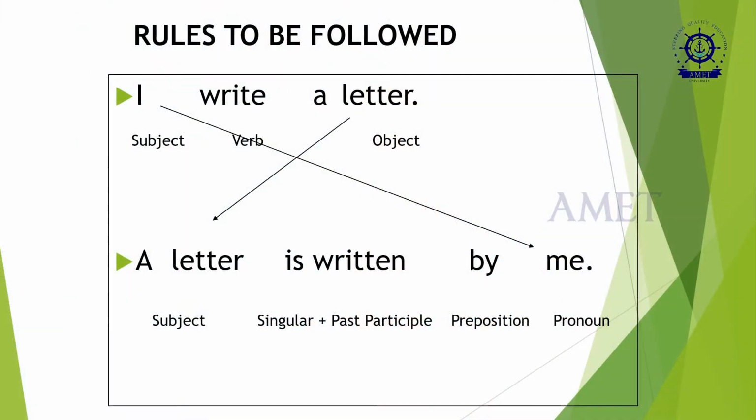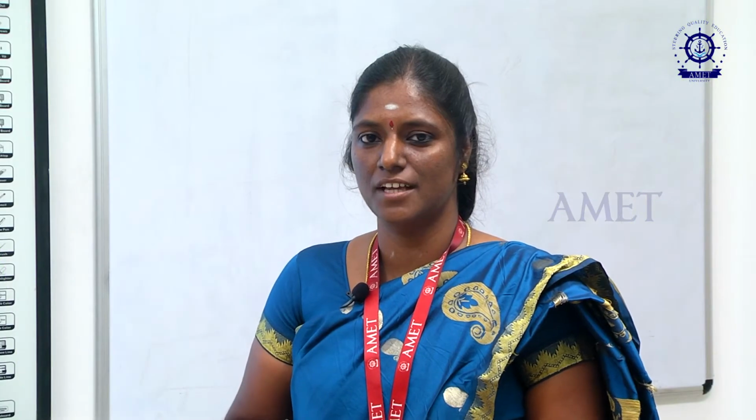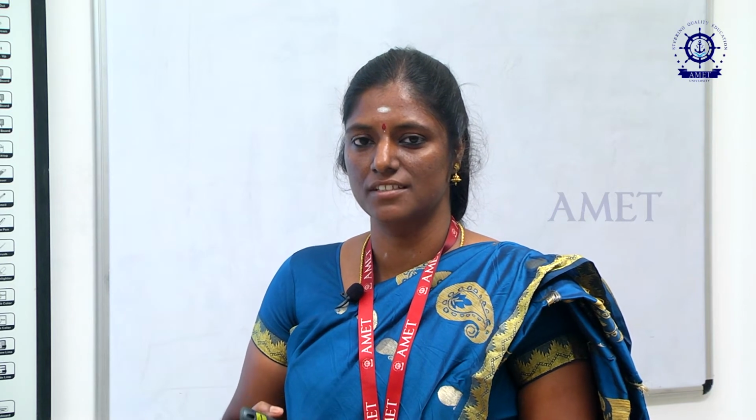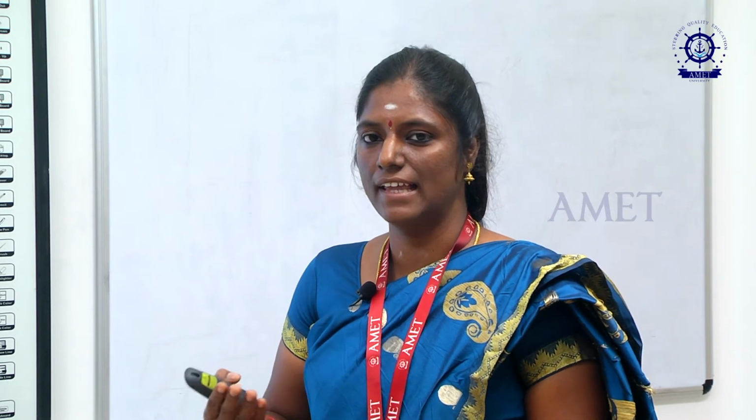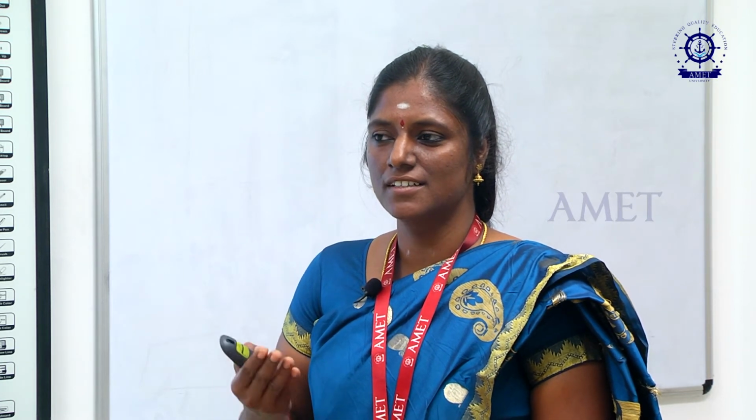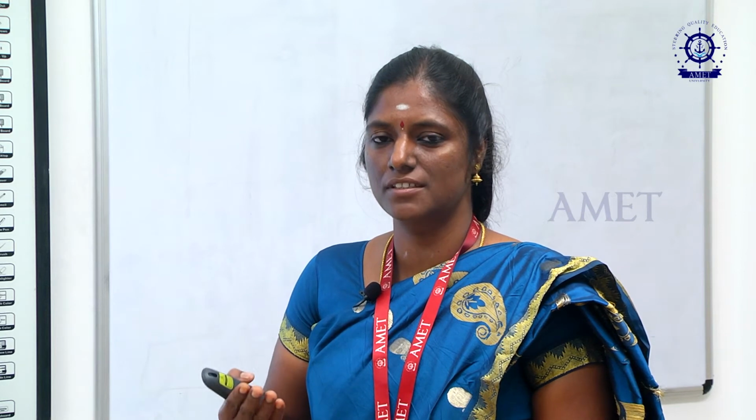Now, we are going to learn the rules of active and passive voice. Let us see the rules. See the example, I write a letter. Subject, verb, object. Subject is I, verb refers action, that is write, and object a letter. Subject means what the subject is doing.